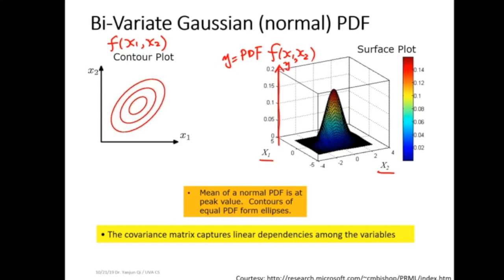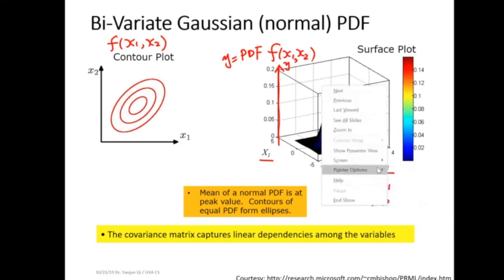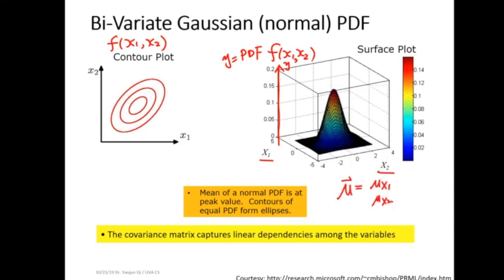The mean vector is mu, a two-dimensional vector, which is essentially mu x1 and mu x2, the location representing mu x1 and mu x2.